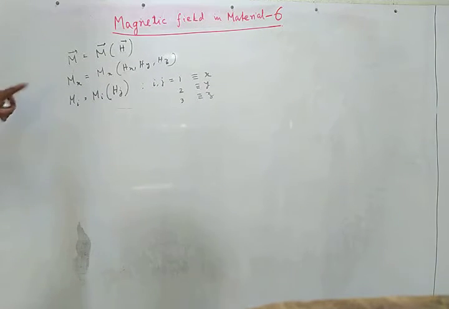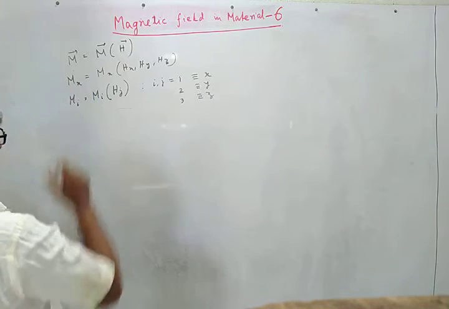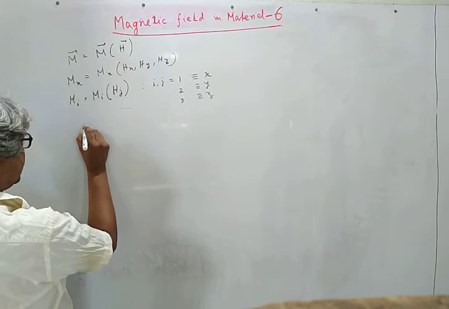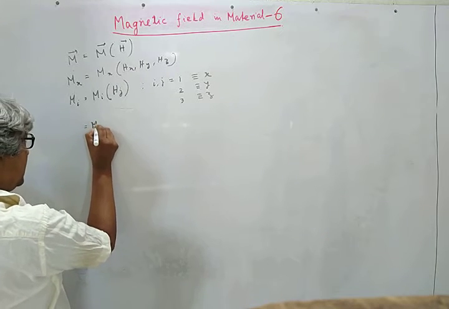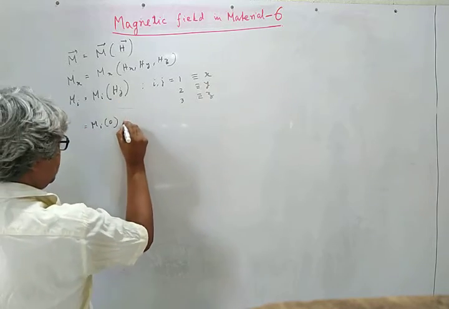So if we want the expression for Mx, then it is M1. When there is no field, we can expand this in a Taylor series expansion like this. Mi is 0 where all field is 0.